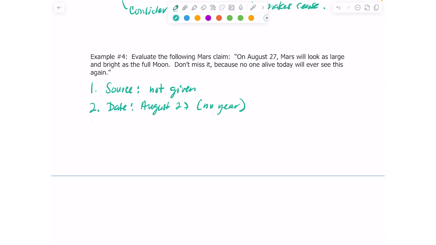Okay, we're going to check accuracy. So we would want to check some websites, which is easy enough to do. You can go on and look at NASA, for instance, right? So I can go in here and I can type in even just that statement.